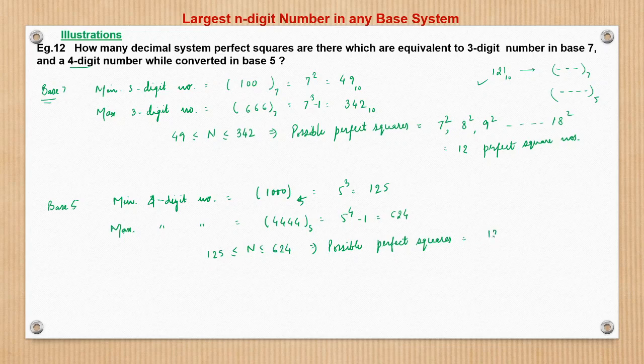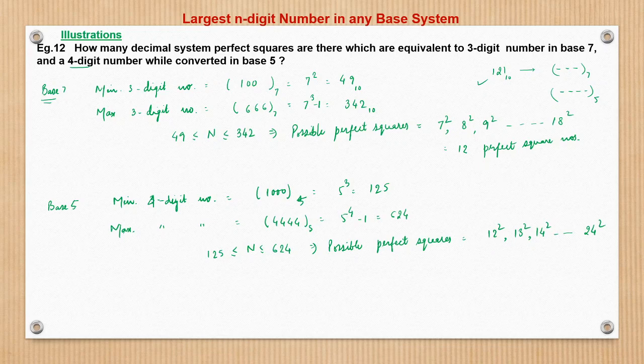So it starts from 12 square, 13 square, 14 square, so on till 624. We know 25 square is 625, so 25 would not be here. It will go up to 24 square. 24 square is 484, I think. So here this will be from 12 to 24.